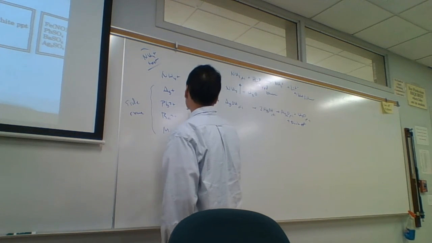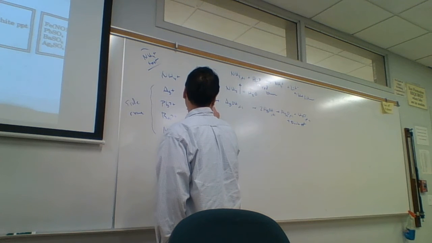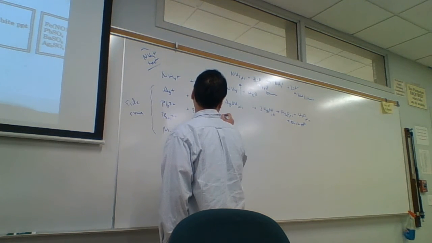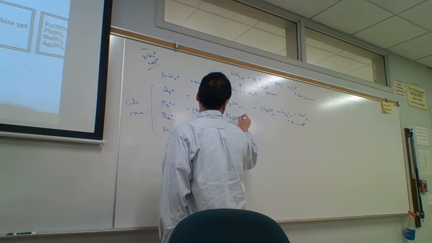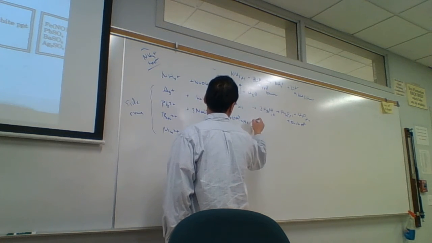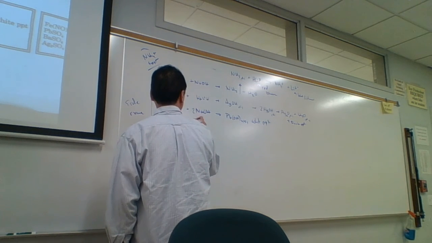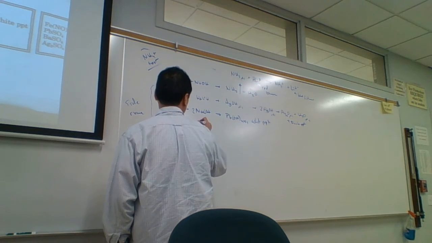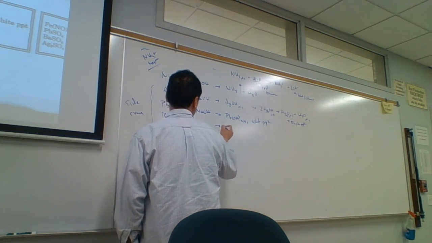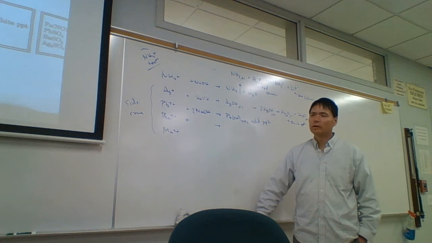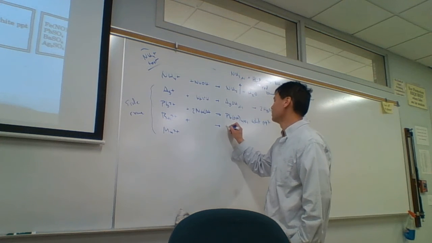Lead 2 hydroxide, what color is that? This is a white PPT. Barium hydroxide. Well, hydroxides are all insoluble except for group 1, ammonium, and calcium, strontium, and barium. So barium is actually not going to precipitate.